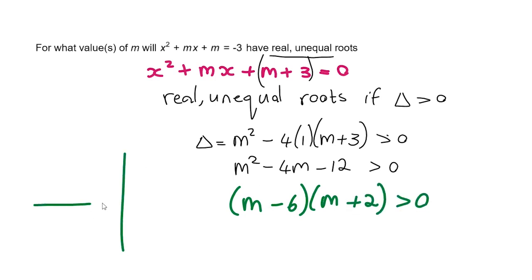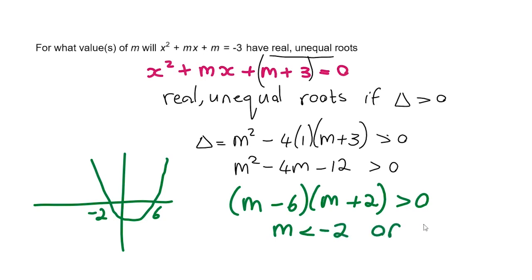Visualizing it, it's actually a happy parabola, the right way up, what we call a concave up parabola, but we'll get to that in A block, with roots of -2 and 6. So in fact, the thing is positive above the axis when m is less than -2 or when m is greater than 6.